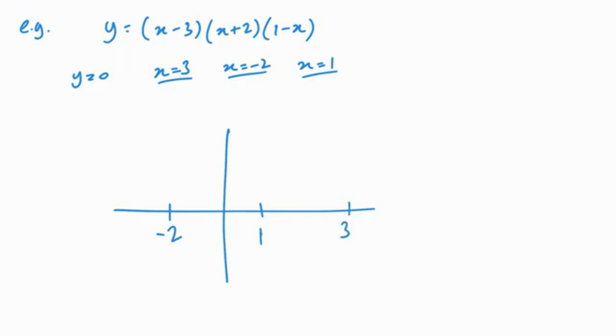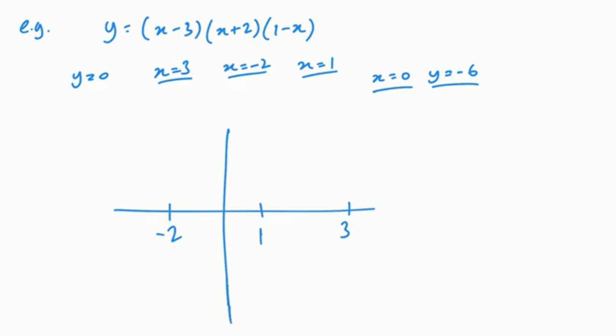Now additionally, if I look at what happens when I'm finding my constant, that will happen when it's -3 times 2 times the 1. So -3 times 2 is -6 times 1 is still -6. So when x equals 0, y would equal -6.